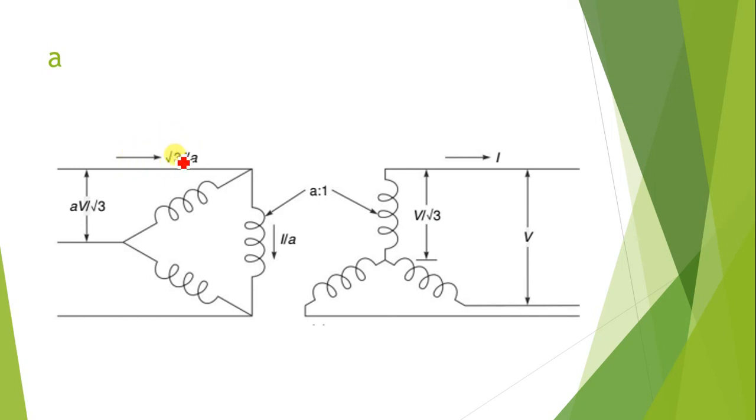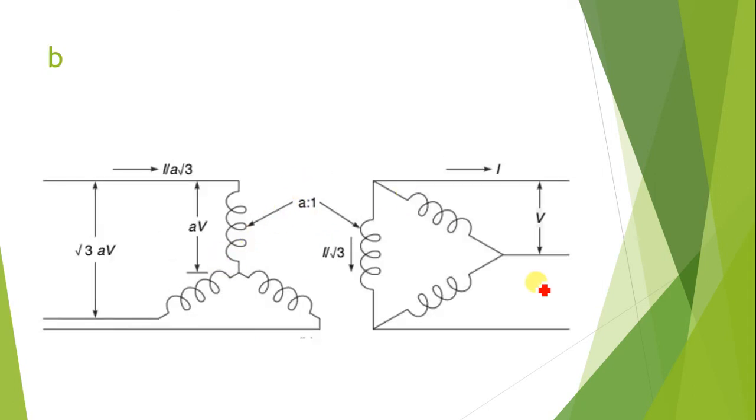This is the delta to star conversion, where the line current is root 3 into I by A and the line voltage is equal to A into V by root 3. Similarly in case of star, I is I, V is V, but the line voltage is equal to V into root 3. In both the cases we have a transformation ratio of A:1.